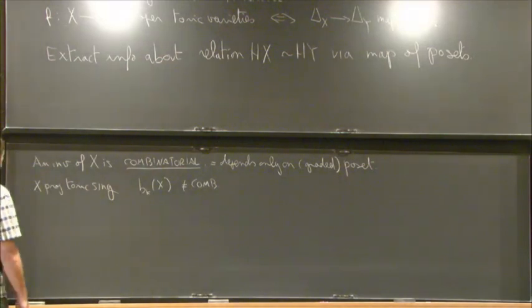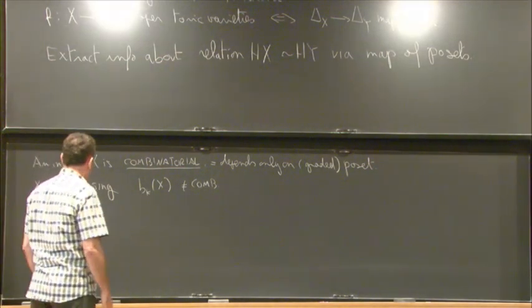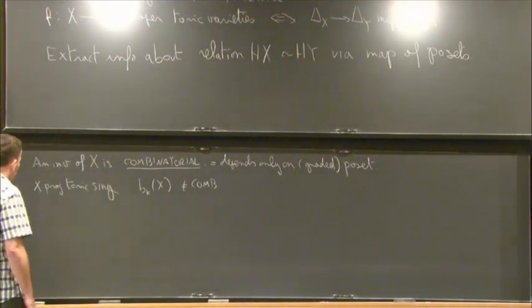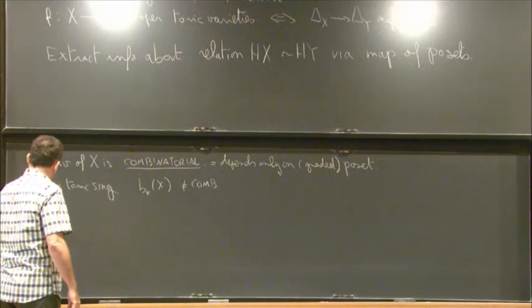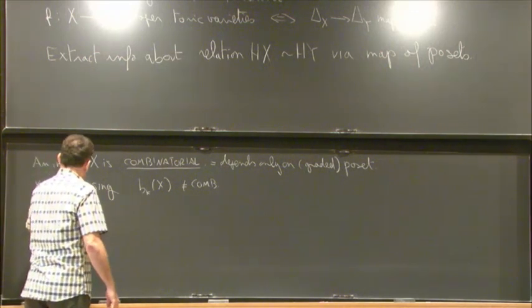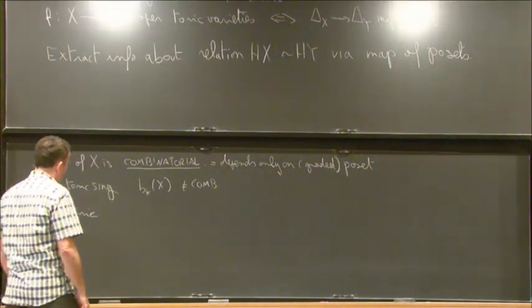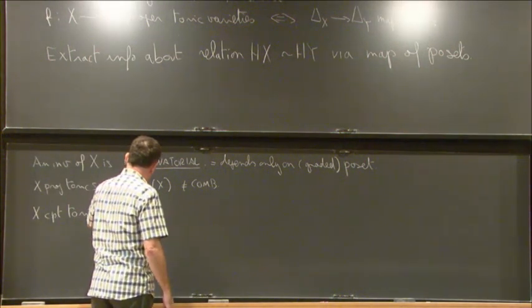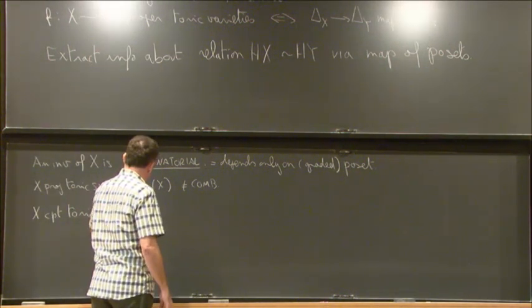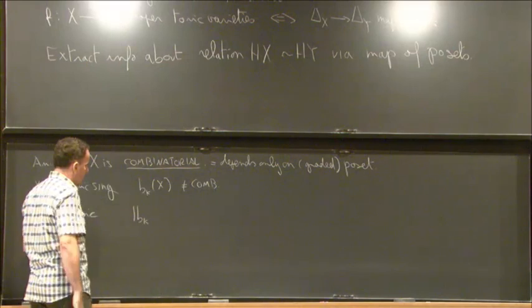On the other hand, it's a theorem that if X is any projective toric variety, in fact, any complete one, singular or not, then the intersection Betti numbers, so the ranks of the intersection cohomology groups, are combinatorial.